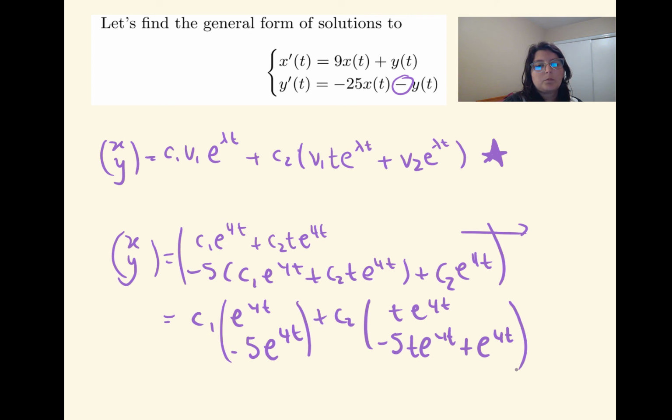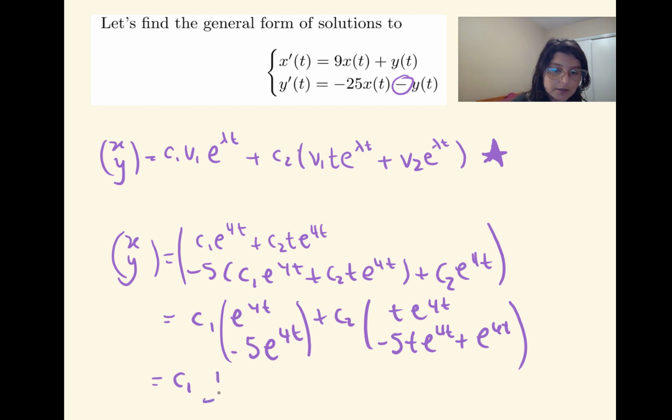And we can very quickly see that we'll have a match. This will be c1 times 1, minus 5, times e to the 4t, and then plus c2, and we can decompose this into 2 parts.